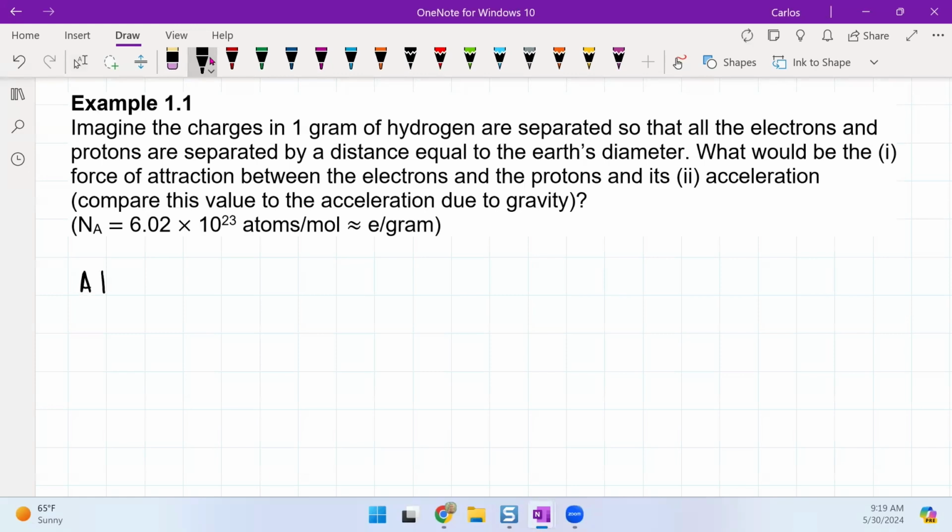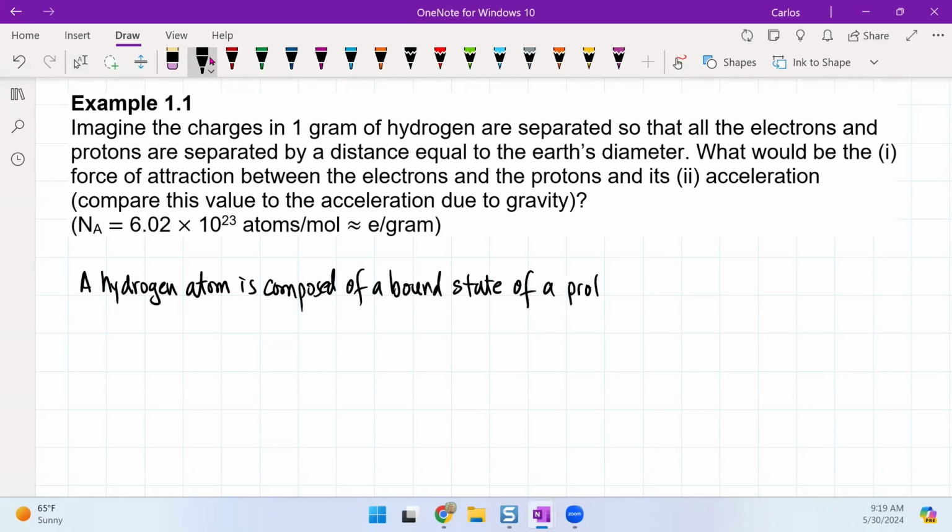A hydrogen atom is composed of a bound state of a proton and electron.